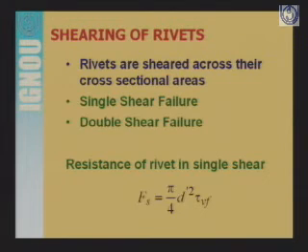Means if the rivet is sheared off at two cross sections, then double shear failure. If it is sheared off at one cross section only, then it is single shear failure.